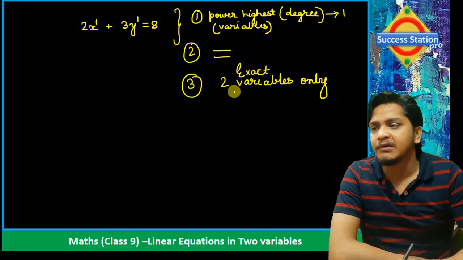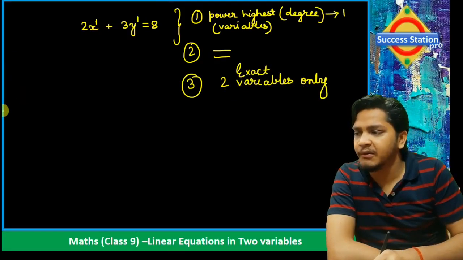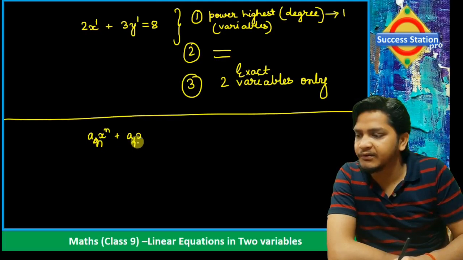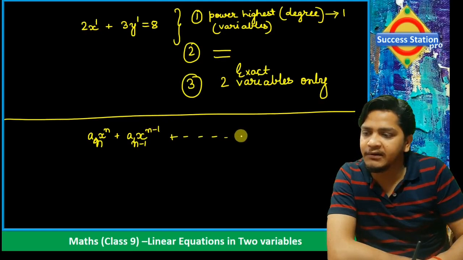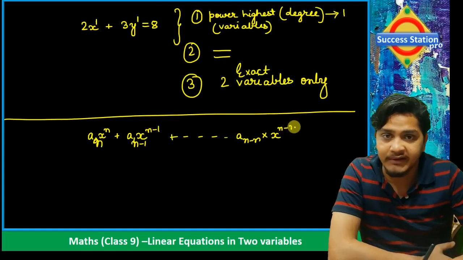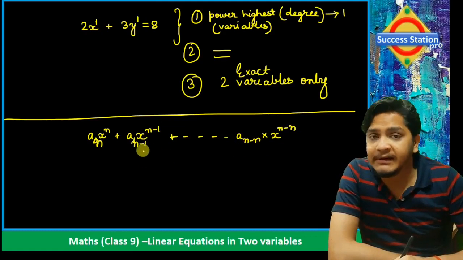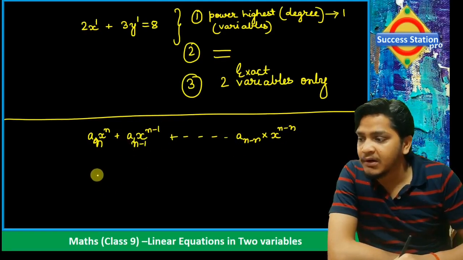Clear? Okay. So if you remember the general form of the polynomial, it was of the form a0 x^n plus a1 x^(n-1), and it went on to x^(n-n). We have discussed these already in polynomials, right? Now it is linear, so the highest power of the variable will be 1.